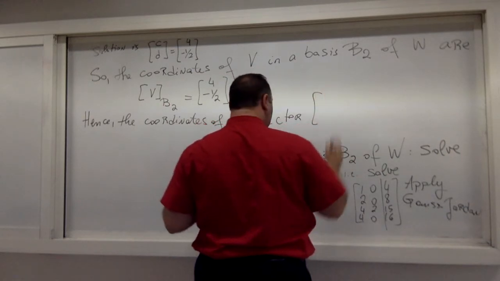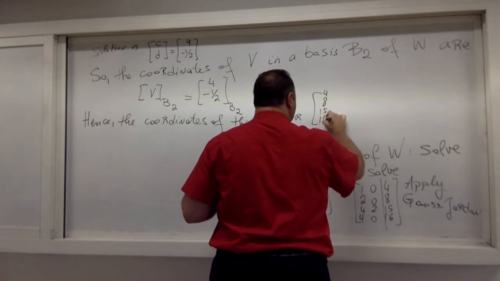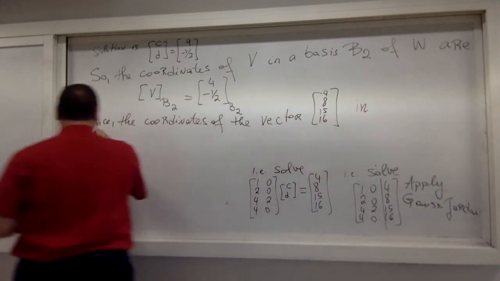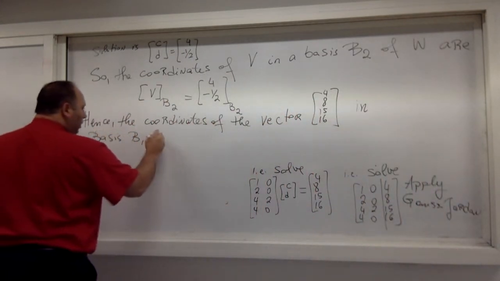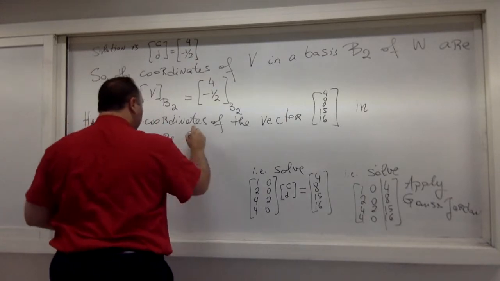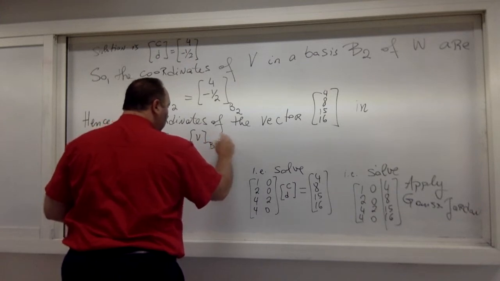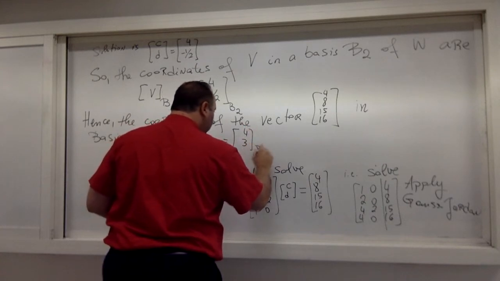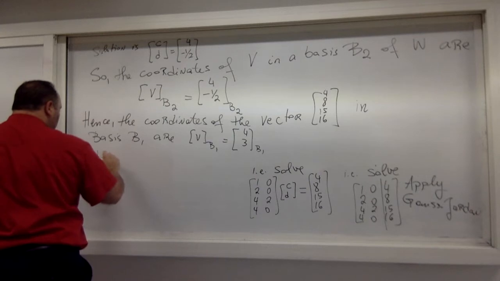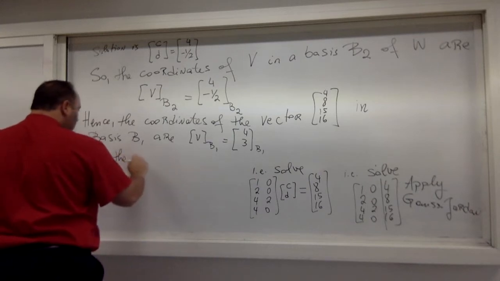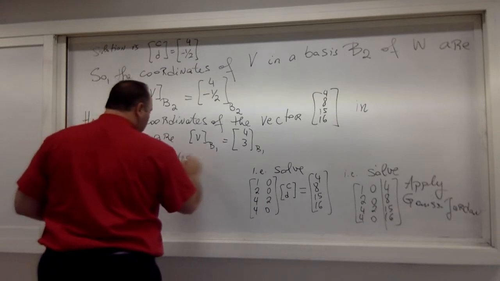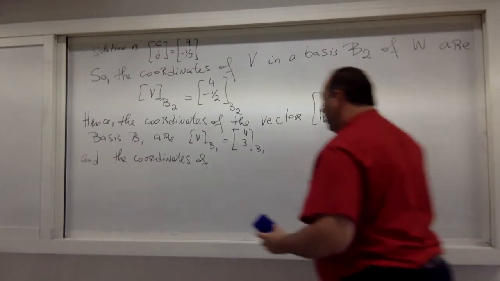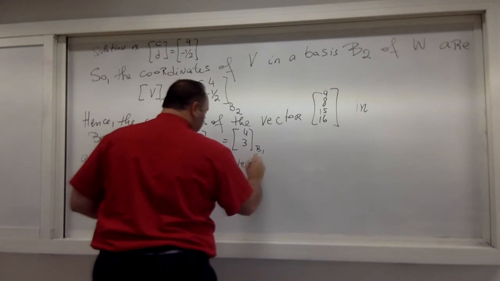So our vector was 4, 8, 15, 16. Basis B1 are, what I already forgot, 4 and 3, and the coordinates of the vector, so the same vector.